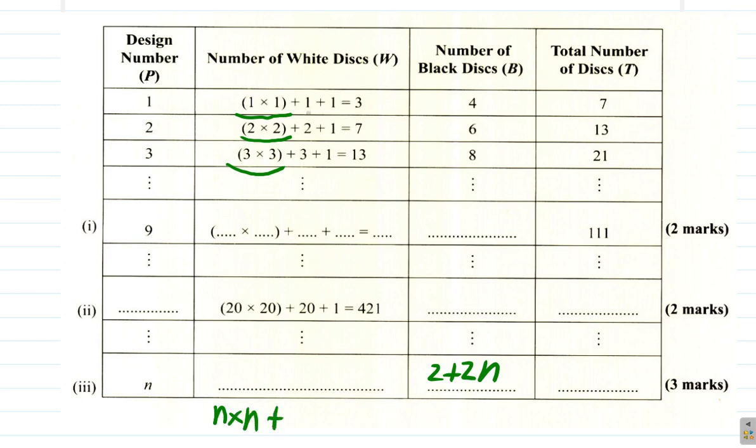Plus now, for design 1, we have 1. Design 2, we have 2. Design 3, we have 3. So for design n, we have plus n plus 1. N times n plus n plus 1. Alright.